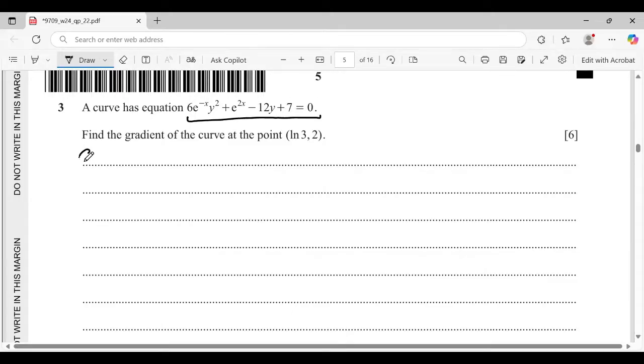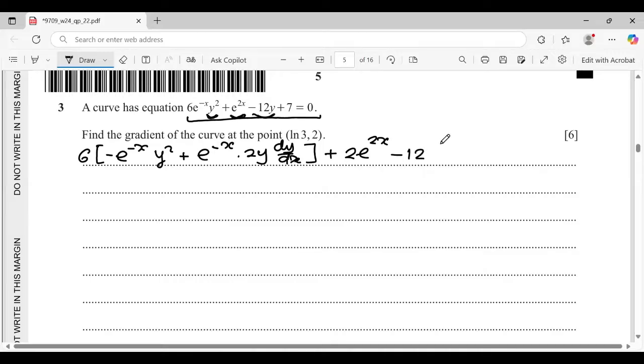And it becomes 6 times minus e to the power minus x y squared plus e to the power minus x times 2y dy/dx. This is the differentiation of this y squared.